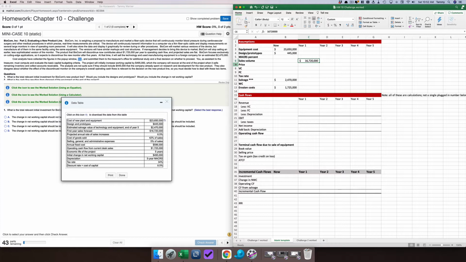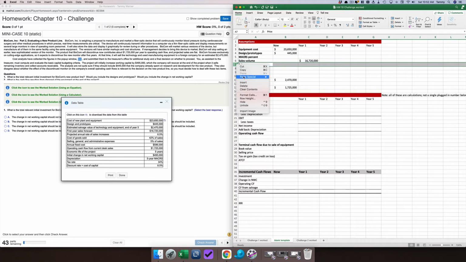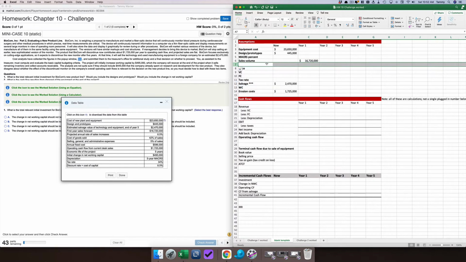They're growing the sales by 6.5%, so we'll insert another line and say sales growth rate is 6.5%. Our cost of goods sold is 42% of sales, and our selling and administrative and general, so those are our variable costs, are going to be 47% total. So let's make that a percentage. And then the fixed cost is $596.